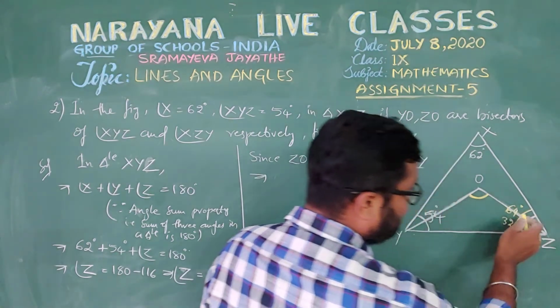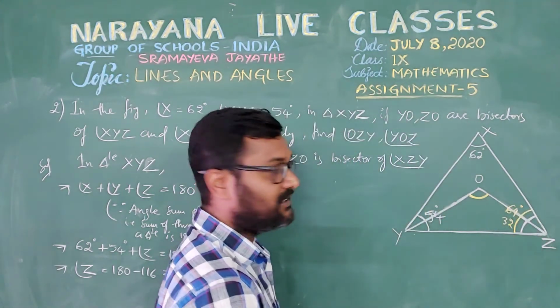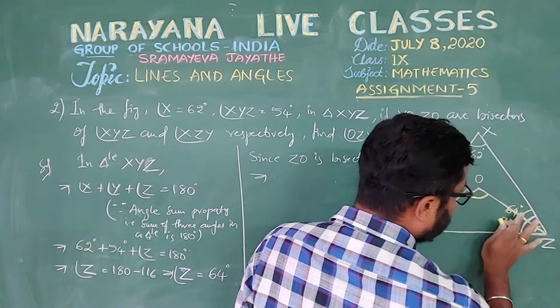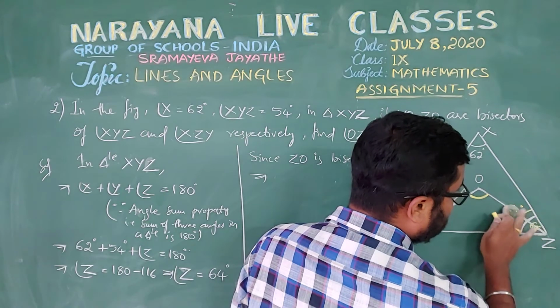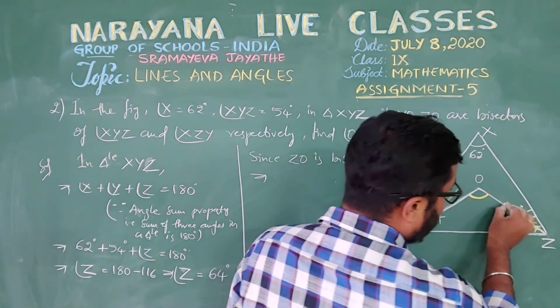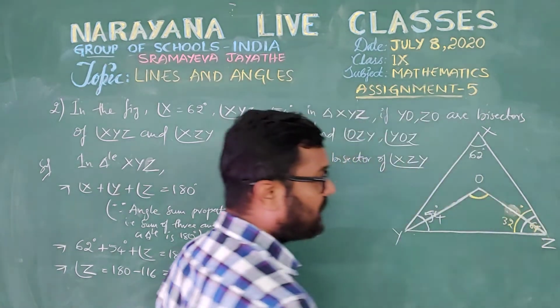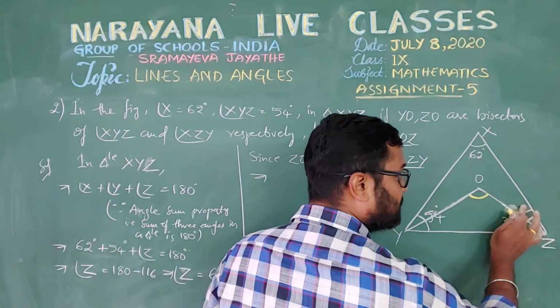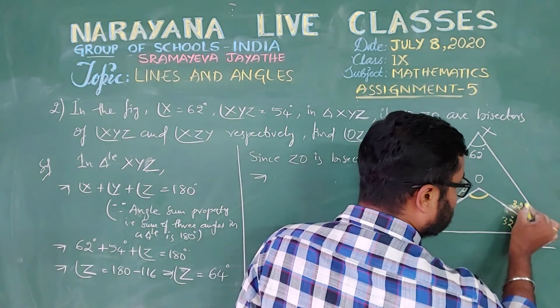See, this is divided into two equal angles, isn't it? So this total angle is 64 degrees. Now, if this total angle is 64 degrees, then this will become 32 degrees and this will become 32 degrees.